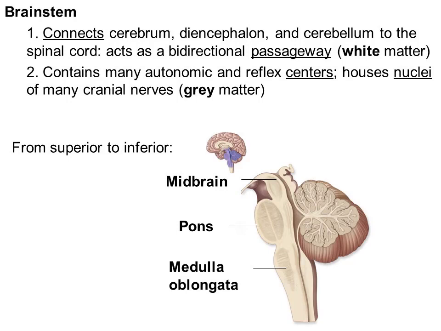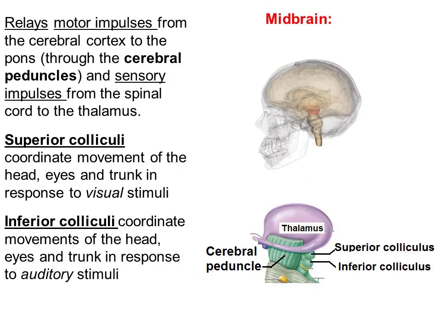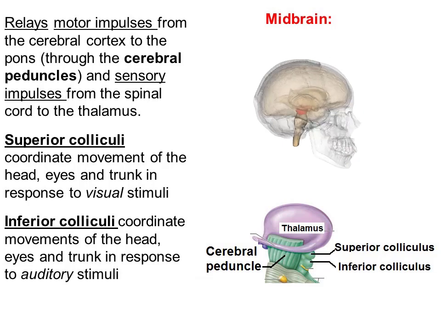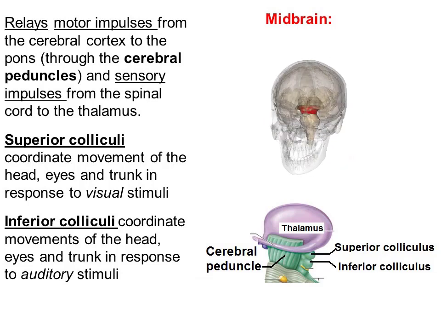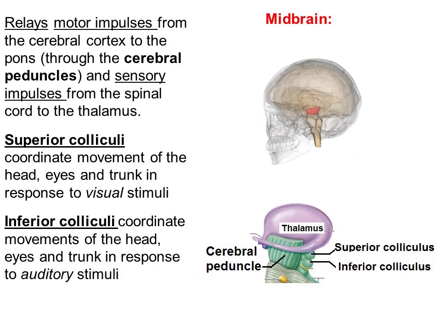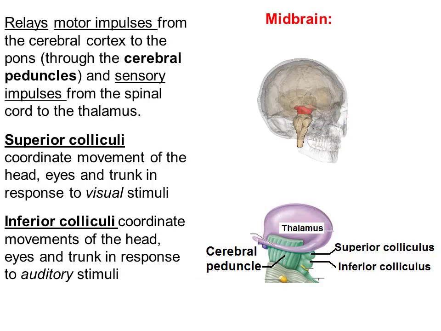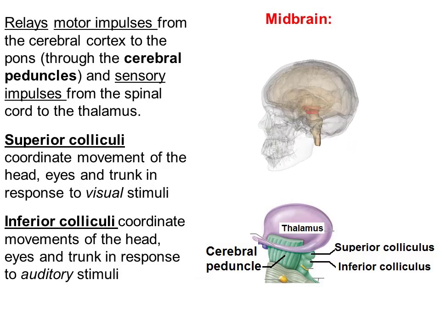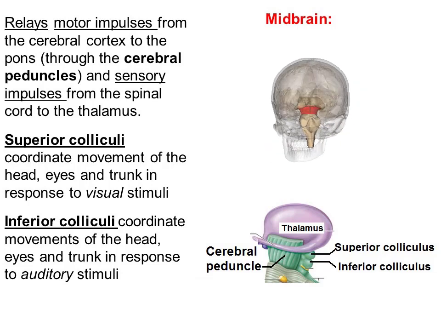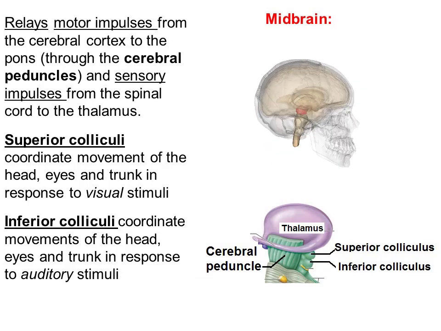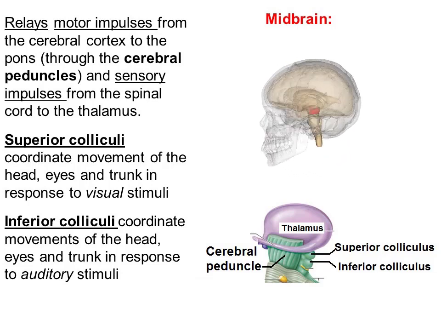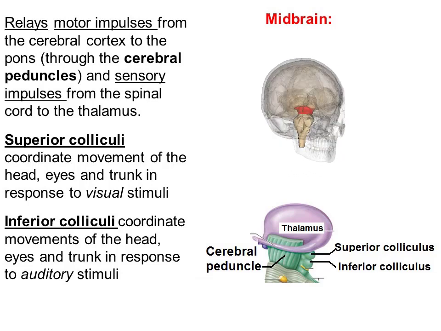So first, I want to talk about the midbrain, this area that is just beneath the diencephalon. So here we see we've got a sort of faded out cerebrum. We see the larger diencephalon, that's somewhat faded out. And here in red, this is where we have our midbrain sitting right on top of this larger pons region of the brain stem.